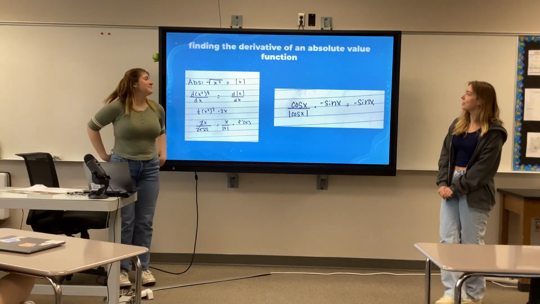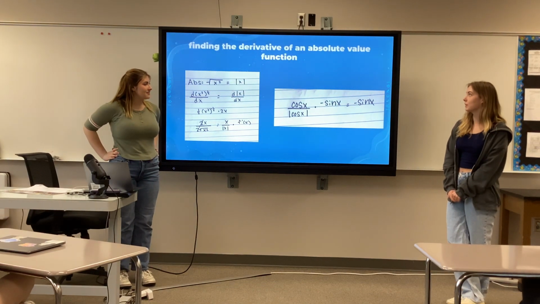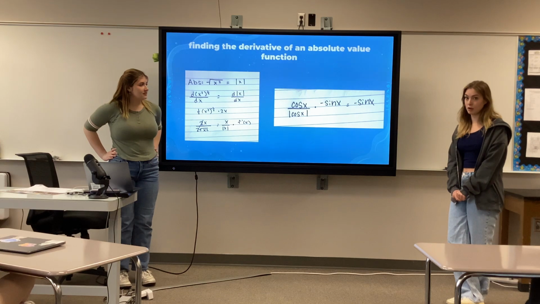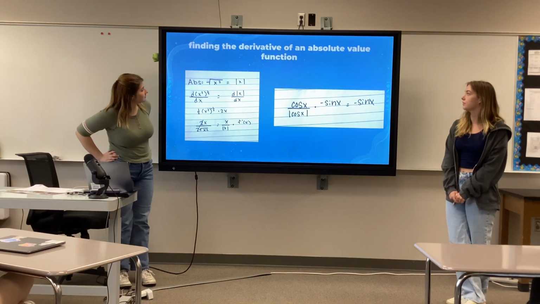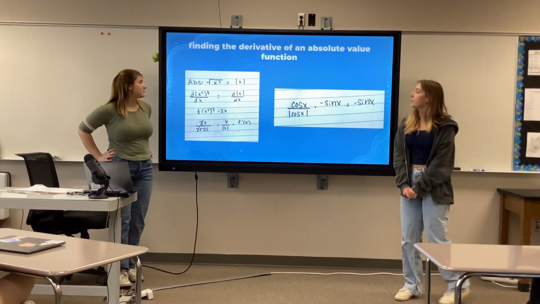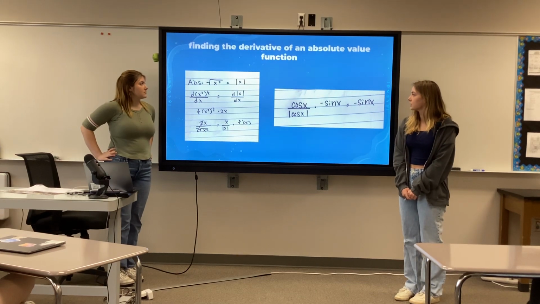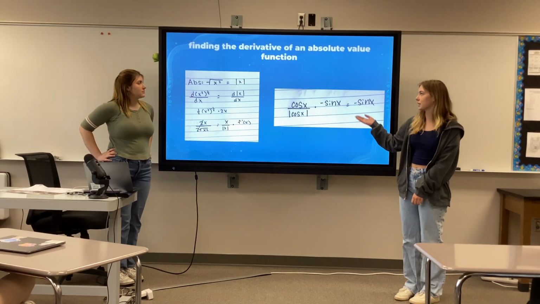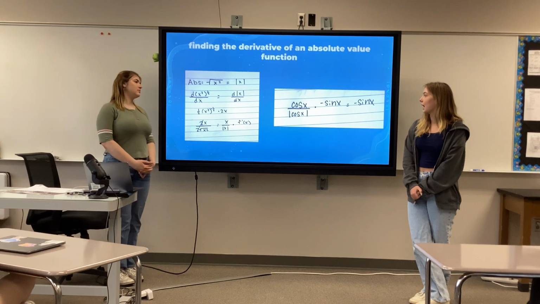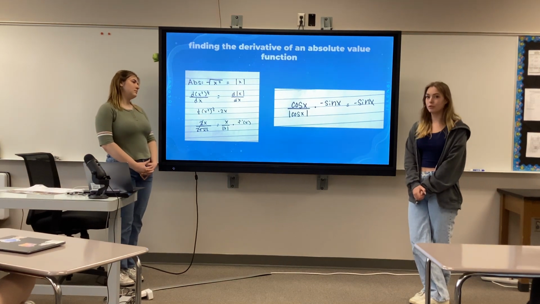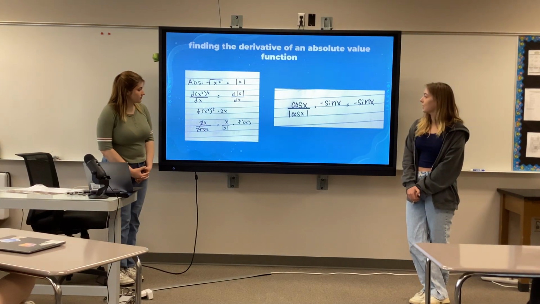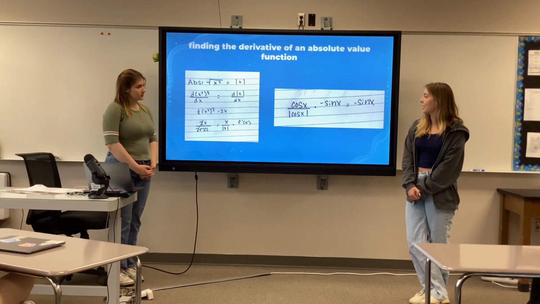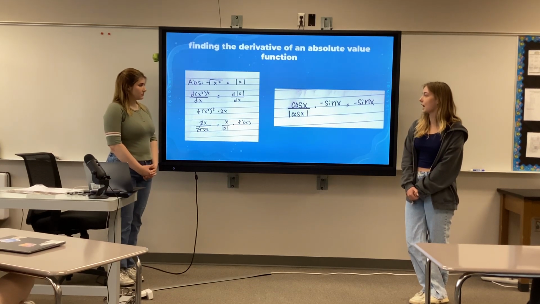Okay, so the thing that we had to figure out when we wanted to find our extrema and our concavity is finding the derivative of an absolute value function. So an absolute value is the square root of x squared. So to find the derivative of that, we had to use the chain rule and the power rule. So taking the derivative of that would be 1/2 x squared to the negative 1/2 times 2x.